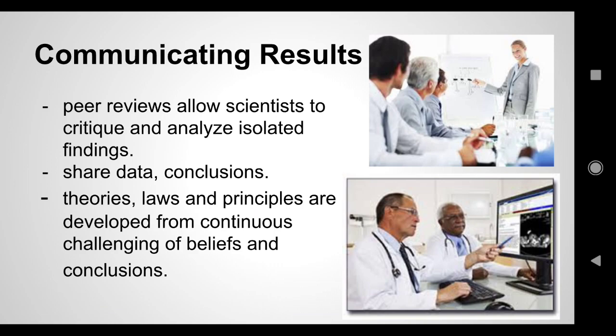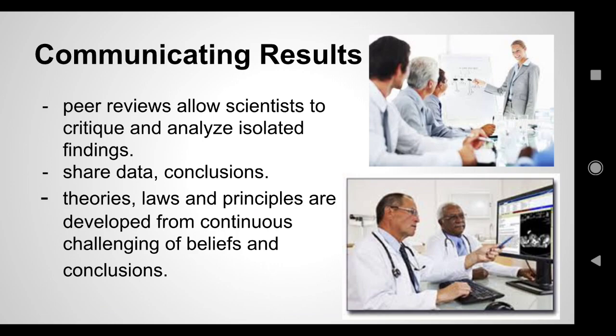Now, in terms of communicating results in science, the best articles, the best journals, the best texts, are always peer-reviewed, and they're scrutinized and analyzed by scientists from all over the world. It gives them the opportunity to share different collections of data, and draw different analyses and conclusions, which leads to the development of different theories, laws, and principles, which are considered to be scientific truth, well-supported, and not just a basic premise.